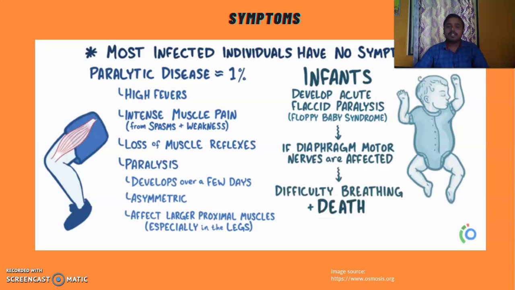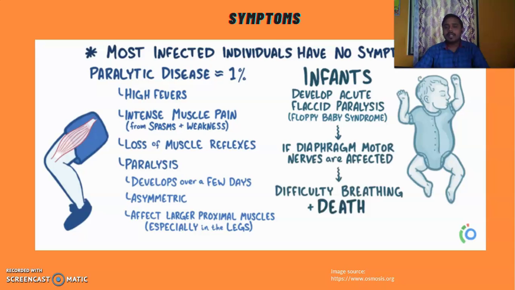This paralysis develops over a few days, leading to an asymmetric paralysis, and it affects the larger proximal muscles, especially in the legs. Because of this, the person can't walk or can't do their functions properly.